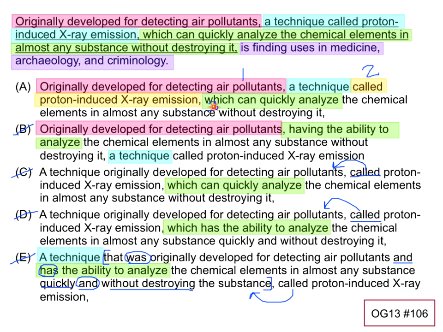Okay. So there are exceptions to that rule. It's not the case that 100% of the time a noun modifier touches the noun it modifies. It's probably about 95% of the time. There are some exceptions, and this is one of them. Right, emission is not. Technique is. So the "which" is referring to technique.